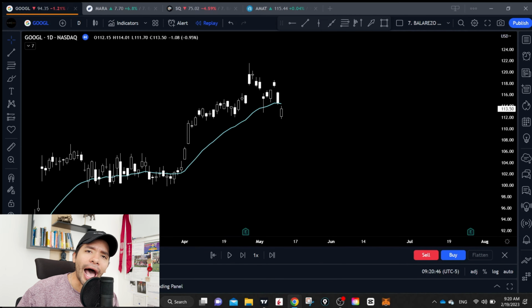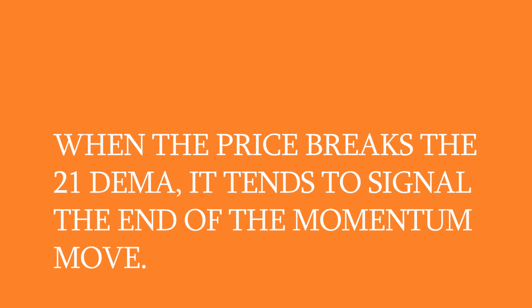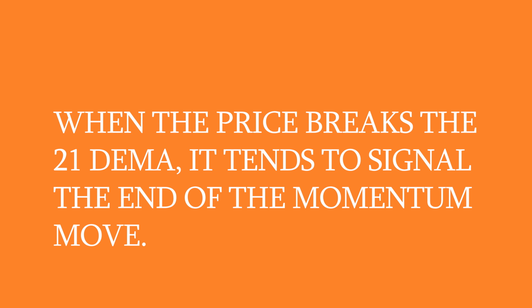And usually what happens is when the price breaks significantly, either to the upside or to the downside of the 21 exponential moving average, we're expecting the rally or the decline to be over, or at least the momentum to decrease in the rally or the decline. So that's actually a pretty important thing.